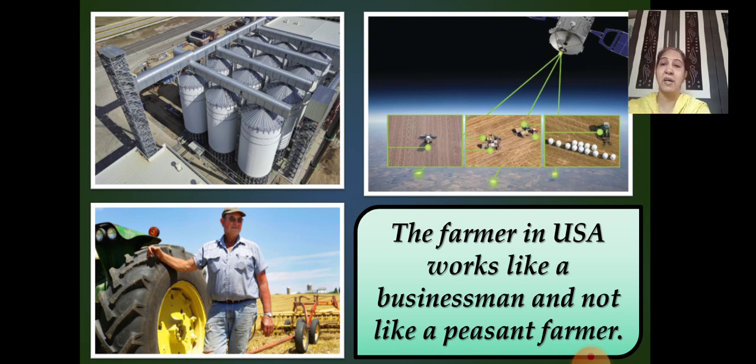Correct? We will all agree with this statement. So you may get this question here: why does the farmer in USA work like a businessman and not like a peasant farmer? Because the technology, the mechanization, the facilities that the farmer has in the USA are really very good. That is the reason they are like a businessman. Okay.